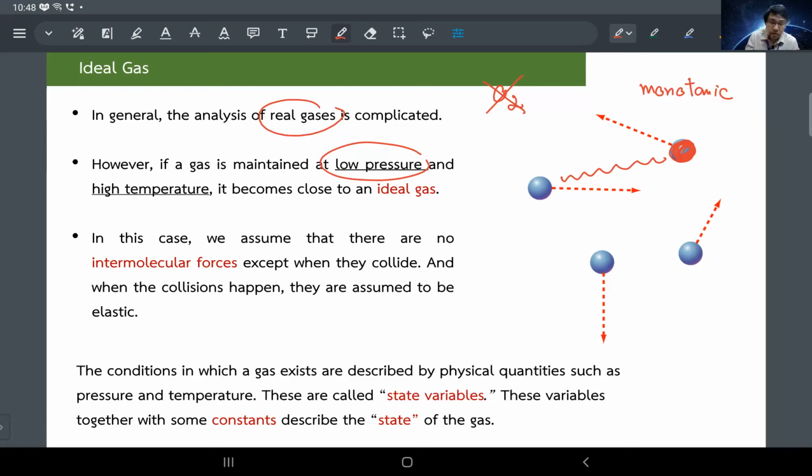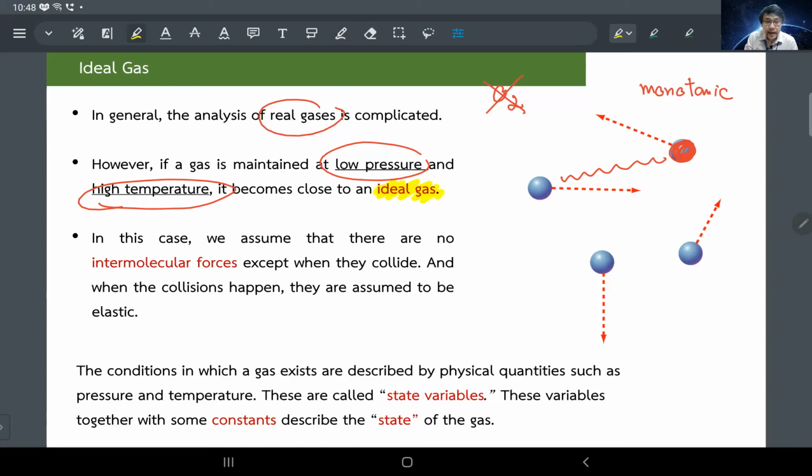We say that the pressure is not super high, and the temperature is high. It doesn't mean you have to be at supernova high. It's just high enough for the gas to move around and stay apart from each other. So by having this simple setup, you end up with an ideal gas system.